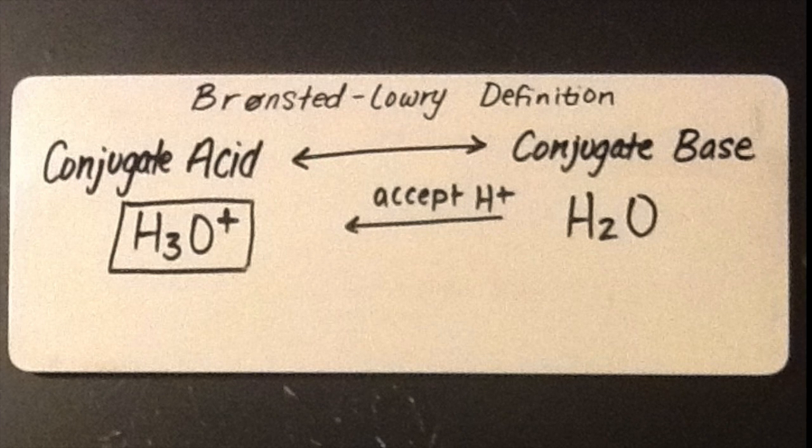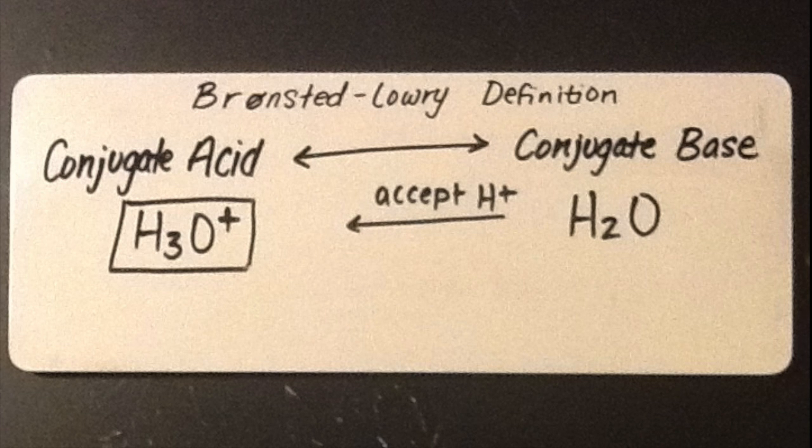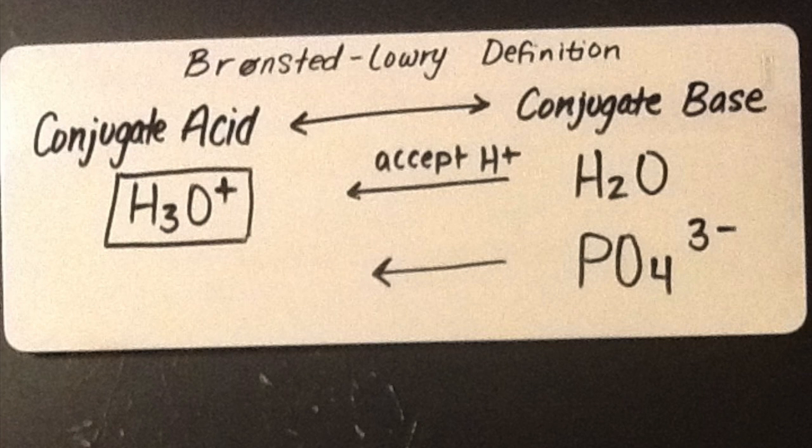When they form their conjugate acid, it's going to be whatever the base is with an additional hydrogen and an additional positive charge. So if you start out neutral like water, H2O gaining H+ is going to give you a conjugate acid of hydronium, H3O+.